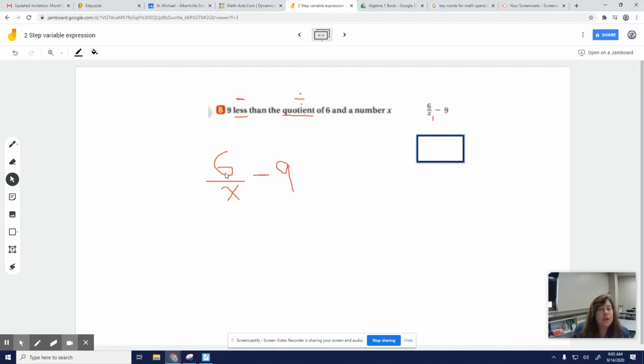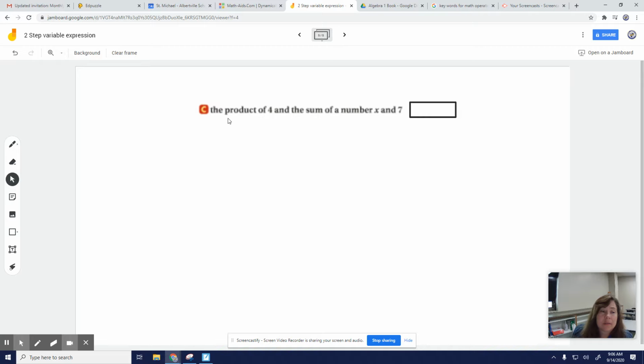And if you're trying to figure out which number should have went on top and which would have went on the bottom, when you see the word quotient of 6 and a number, the and whatever is here, it could have said the quotient of x, a number x and 6, then it would have been opposite. The x would have went on top, the 6 would have went on the bottom. So you're just going to read it across and write it exactly as it's written.